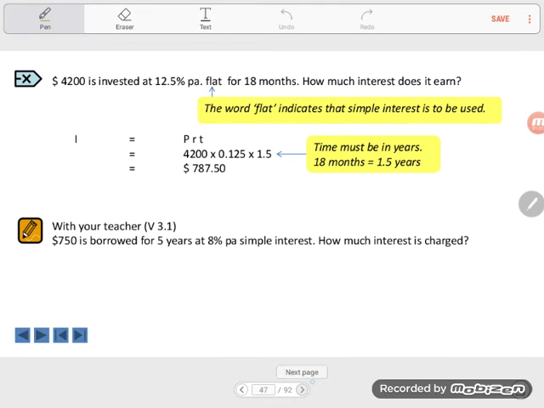So let's do this example here. $750 borrowed for 5 years at 8% simple interest. Okay, so we're trying to find the I value using this equation. So P, our principal, is 750. Our rate, R, is 0.08 because we divide the 8% by 100.